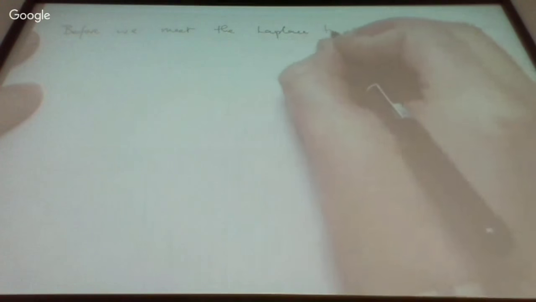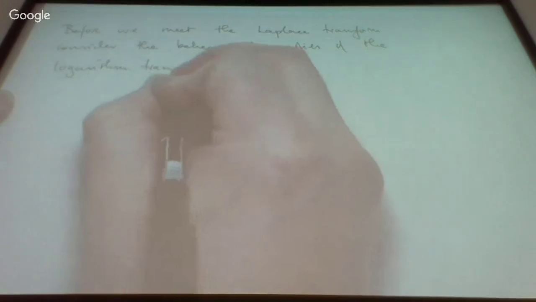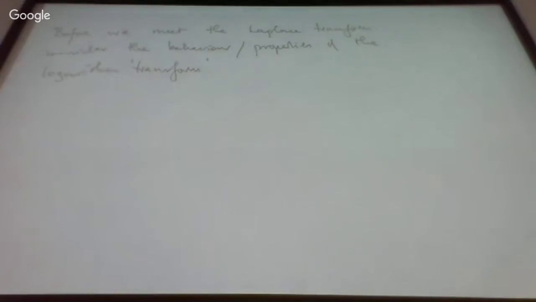But before we meet the Laplace transform itself, we'll consider the behavior or properties of the logarithm transform. Well, really what I mean is the logarithm function.